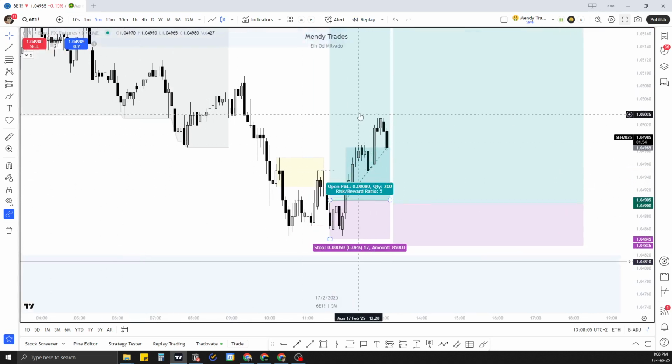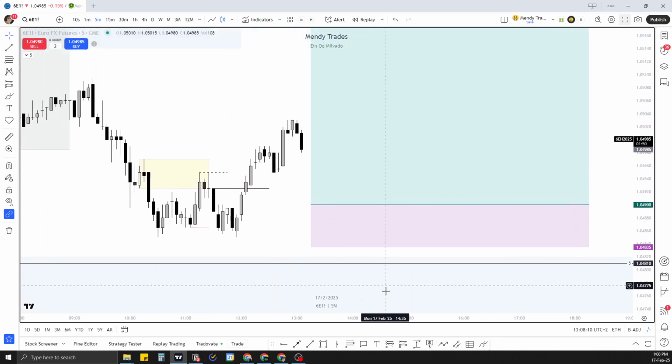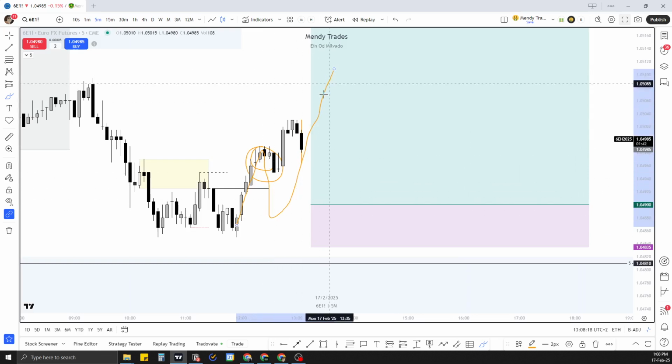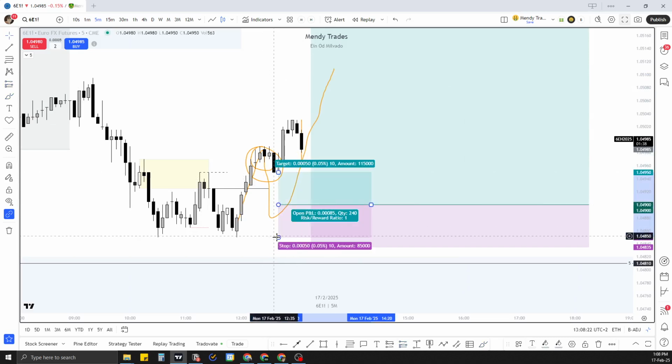And CE would be if we come back before this, come back here and go, this would be a CE entry model.